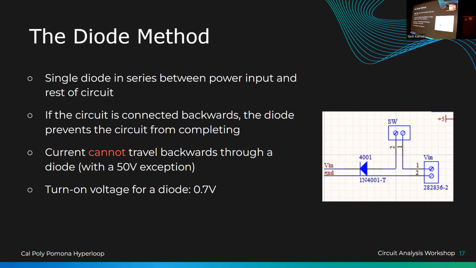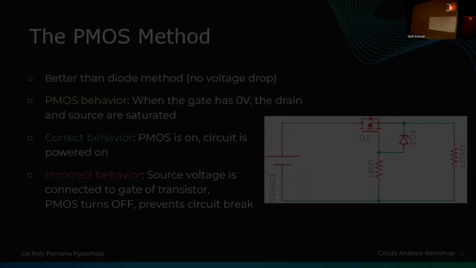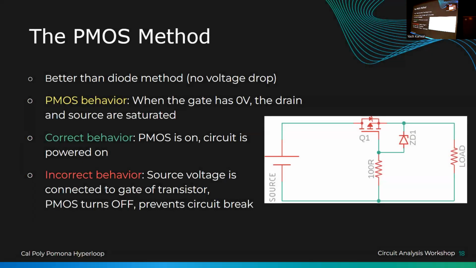Of course, a 9 volt battery will deteriorate at some point, and it'll get lower than 5 volts and can't power anymore. But generally, diodes are cheap and effective, but you need to know when to use them and when not to. All right, so this is the second method, which is the PMOS method.